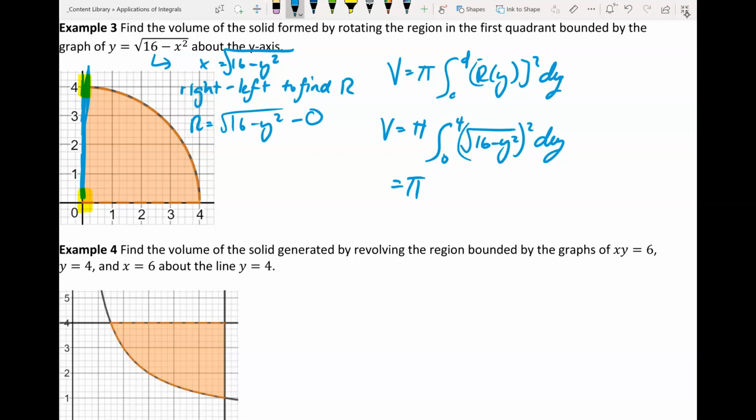And then you could integrate this. You could plug this into your calculator if you want to find the final answer, which is about 134.041.